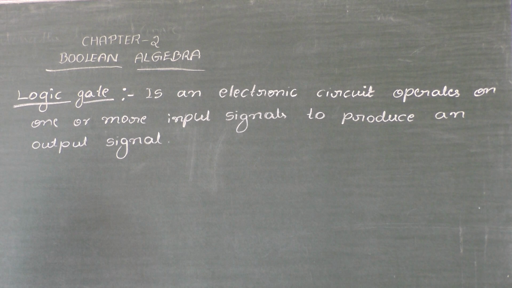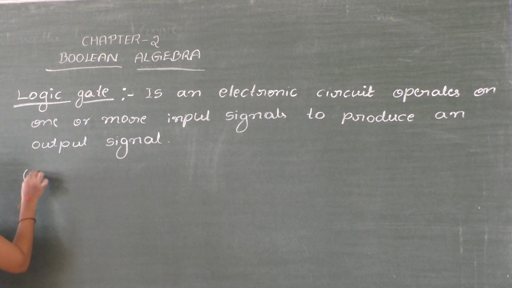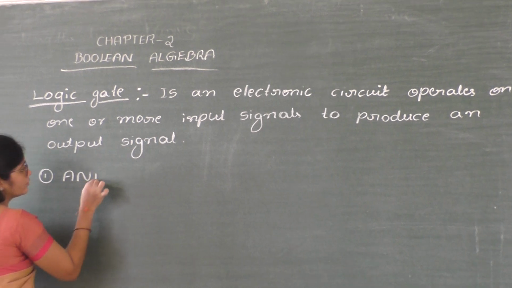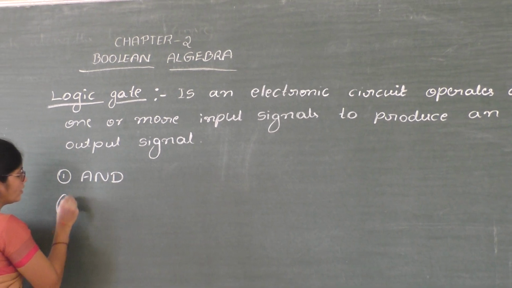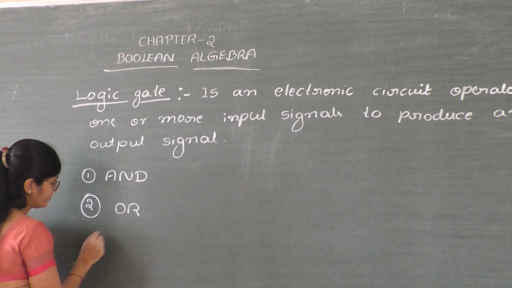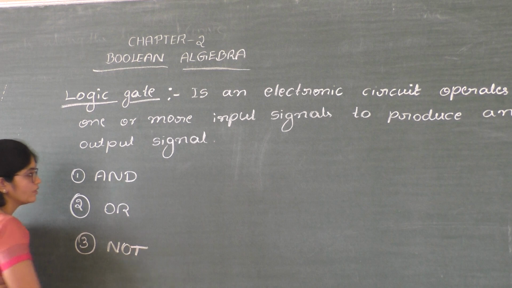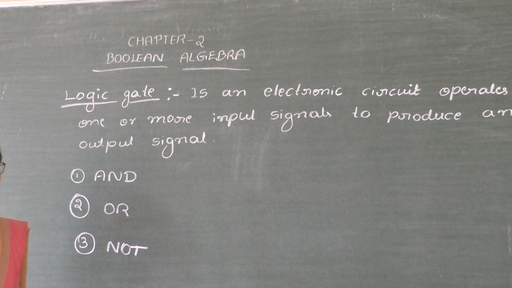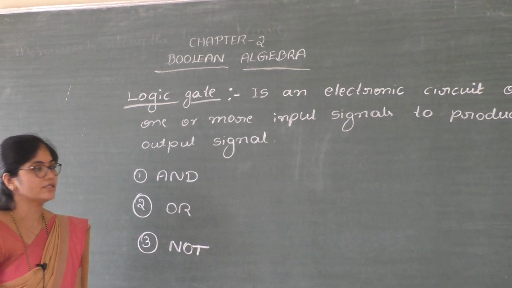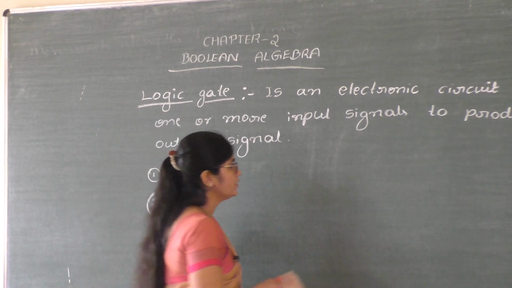There are three types of logical gates. They are AND gate, OR gate and NOT gate. AND, OR and NOT are the three basic gates. We shall discuss one by one. AND gate.